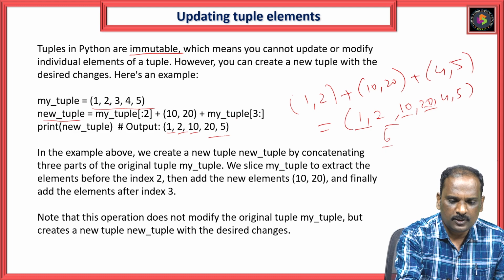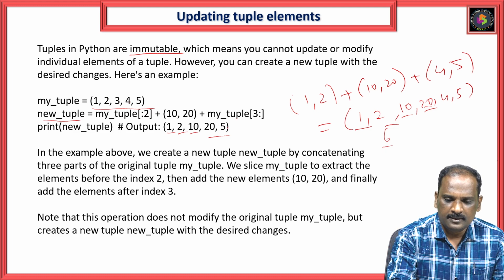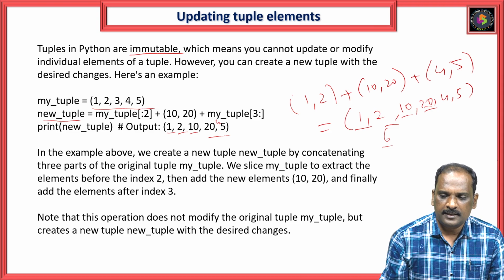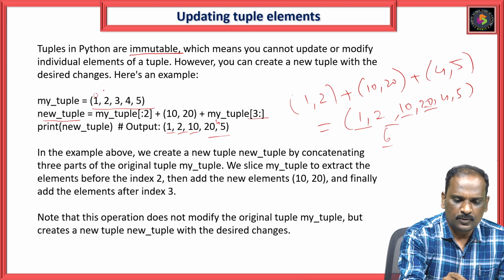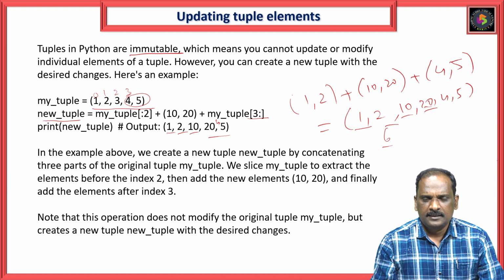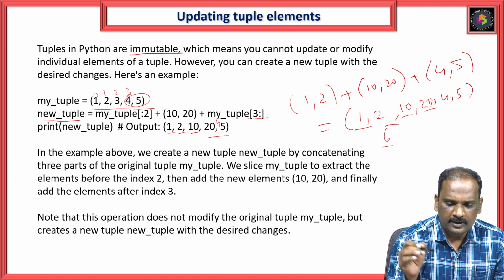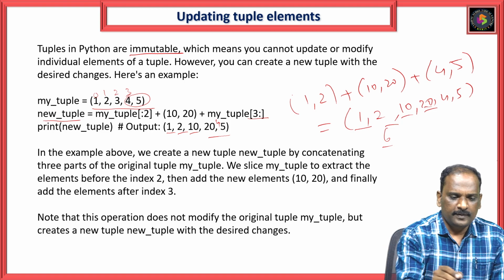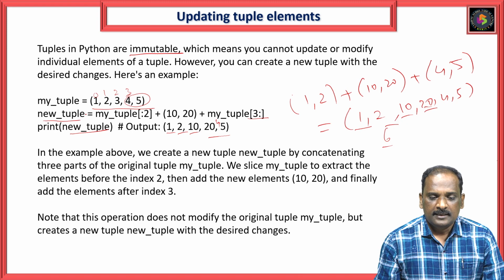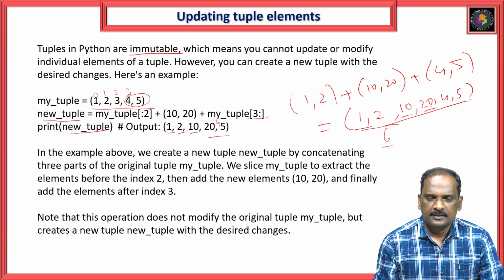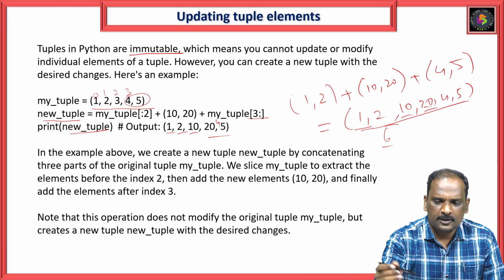Then from index 3, indices 0, 1, 2, 3, it should contain 4 also, because we are accessing from index 3. So index 3 is 4. We have not mentioned the last index, so the element 4 is missing in the slide. When I display the new tuple created using the slicing and concatenation operation, it will contain 6 values. So this is the updated tuple.